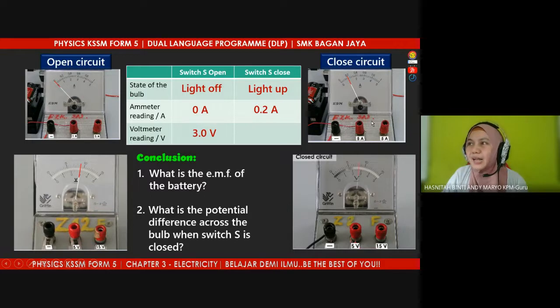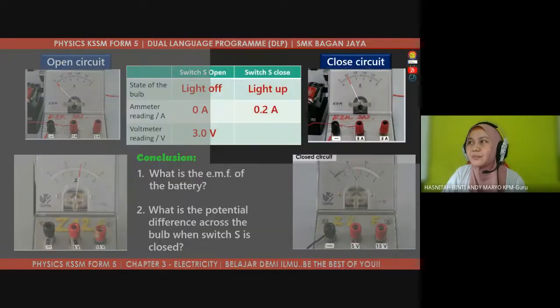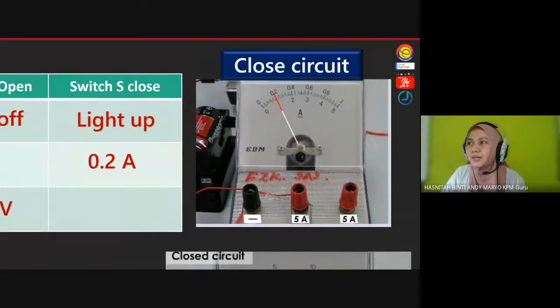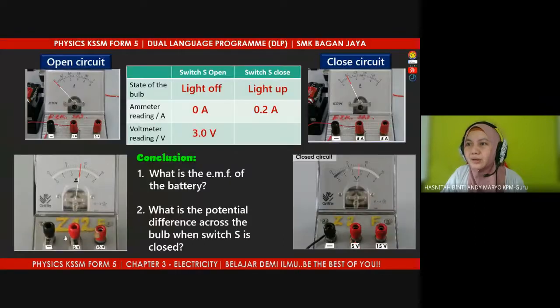The label here is wrong, because actually this label is 1 ampere and this one is 5 ampere. So now we connect the wire to the 1 ampere terminal, so we read the top scale. I connect this first so later you don't get confused. This one is supposed to be 1 ampere. We have two terminals because we have two scales here.